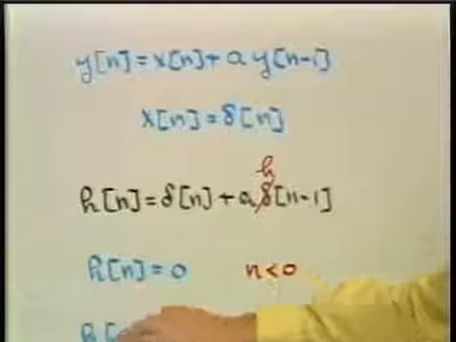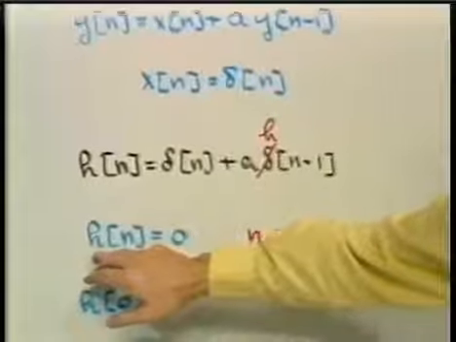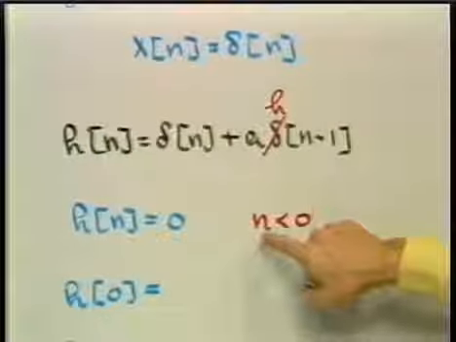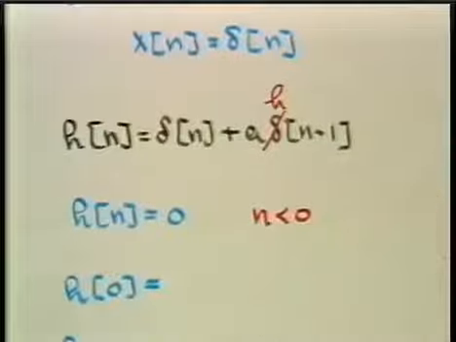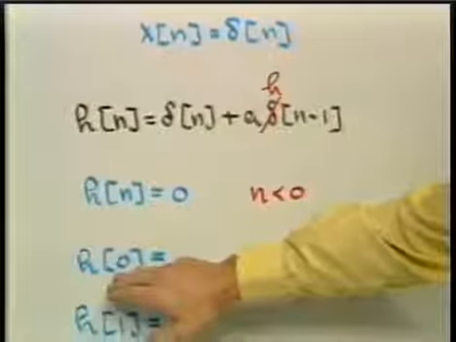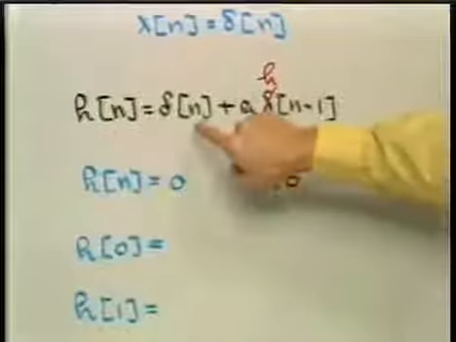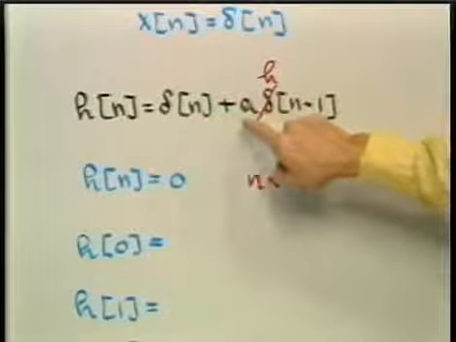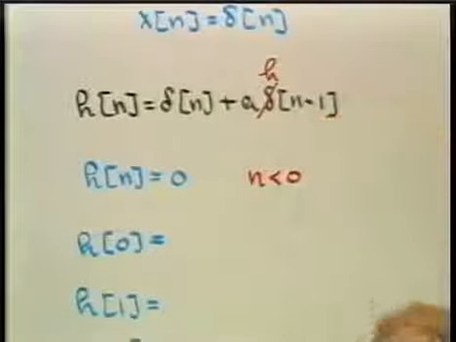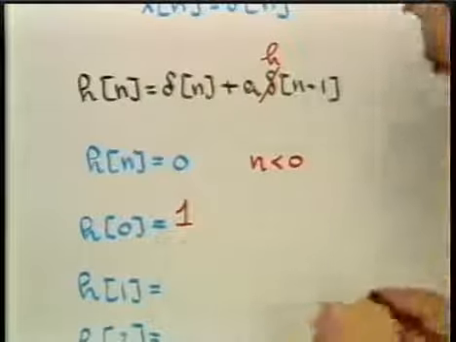Now, from initial rest, we know that since the input, namely an impulse, is 0 for n less than 0, the impulse response is likewise 0 for n less than 0. And now let's work out what h of 0 is. Well, h of 0 with n equals 0 is delta of 0 plus a times h of n minus 1. H of n minus 1 is 0, and so h of 0 is equal to 1.